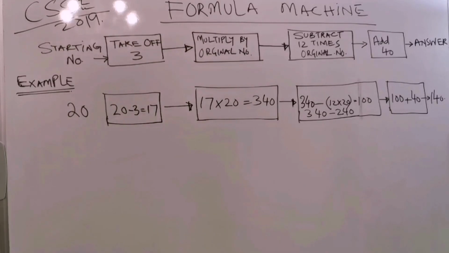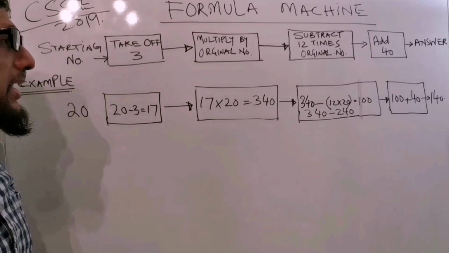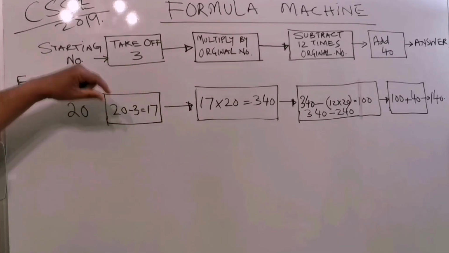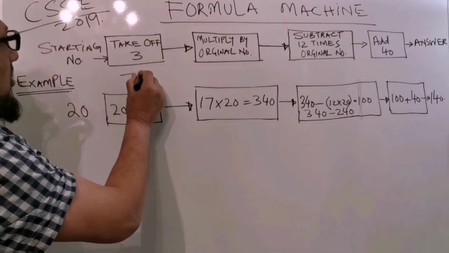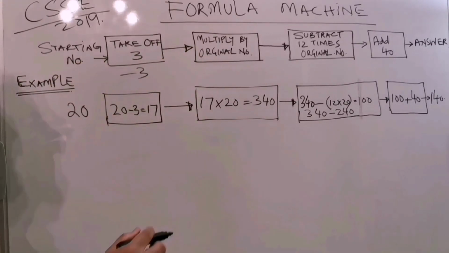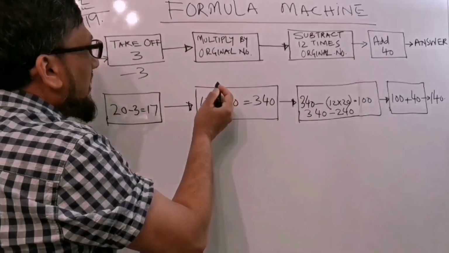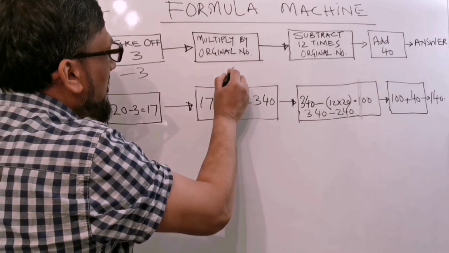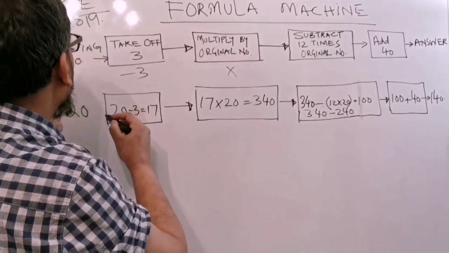So this is the formula machine. We process the number according to the instructions. In the first step, take off 3. In the second step, multiply by the original number. Whatever the answer, you need to times by the original number.